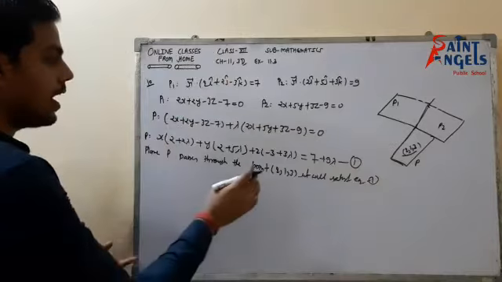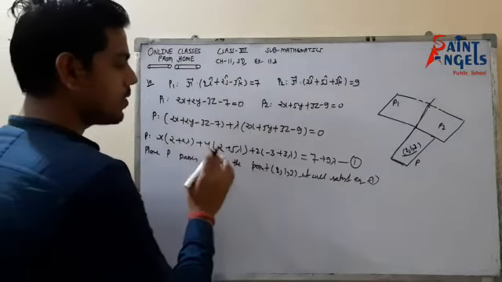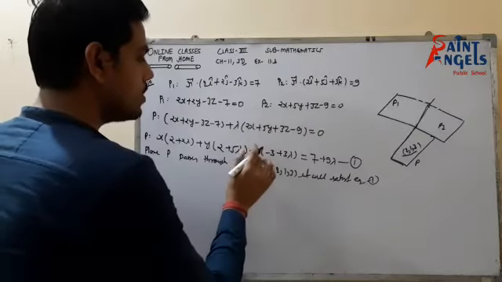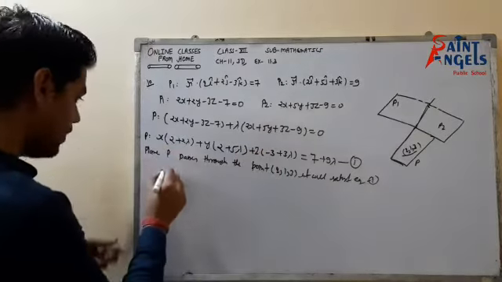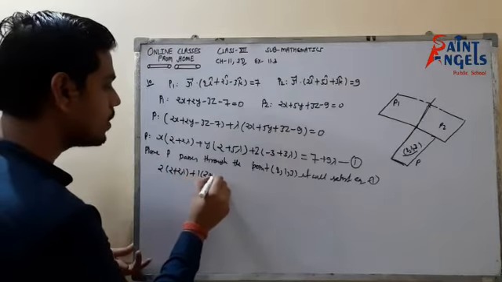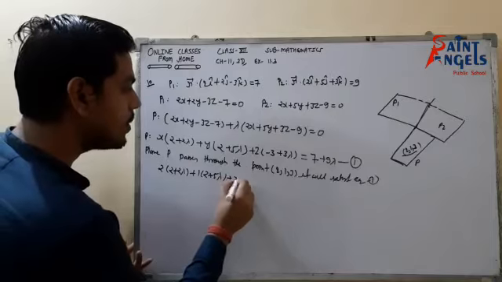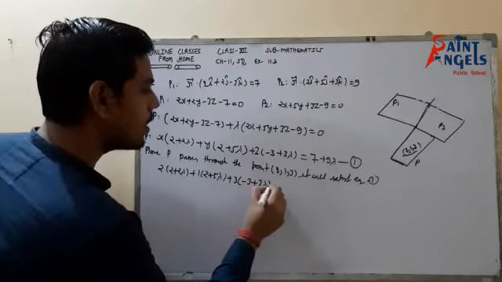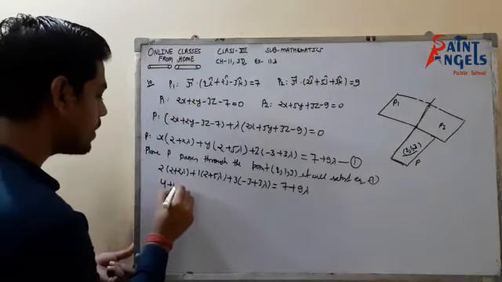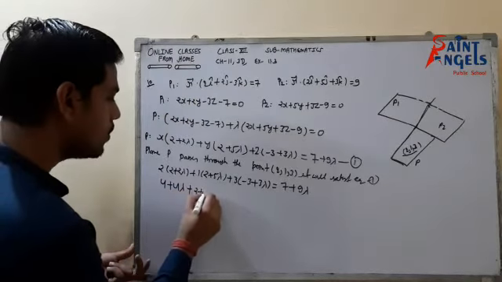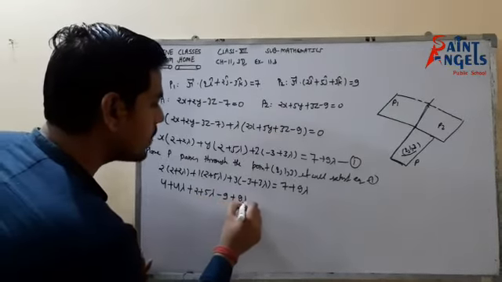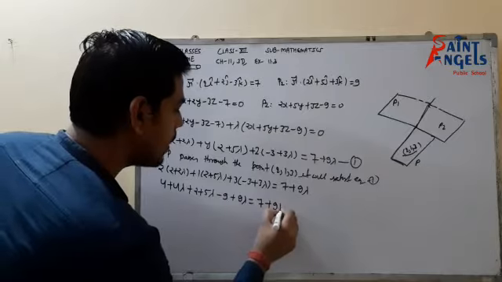Okay. So now in place of x we will put 2, in place of y we will put 1, and in place of z we will put 3. Okay, friends, now put all these values. So it would be 2(2 plus 2 lambda) plus 1(2 plus 5 lambda) plus 3(minus 3 plus 3 lambda) equals 7 plus 9 lambda. So now it is 4 plus 4 lambda plus 2 plus 5 lambda minus 9 plus 9 lambda equals 7 plus 9 lambda.